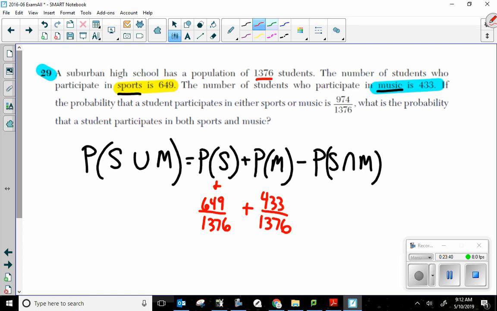Then they say the probability that they participate in either sports or music, which is this one right here, is 974 out of 1376. They want us to figure out how many do both.